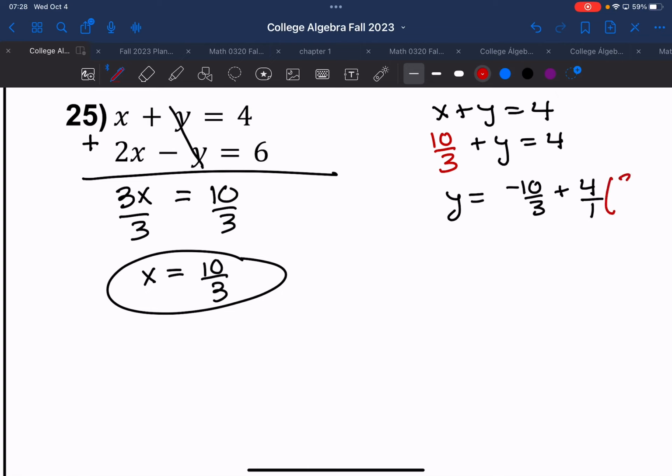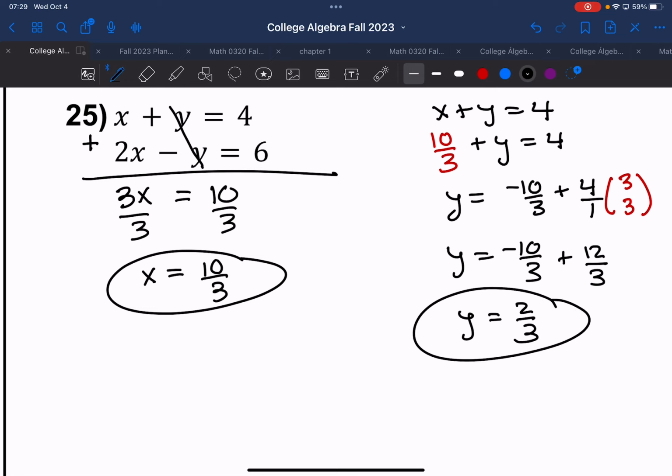Multiply top and bottom by 3. Okay, so that means we get y is equal to negative 10/3 plus 12/3. So that gives us the answer of what? 2 over 3. So that means this has one solution at what point? 10/3, comma 2/3. Good.